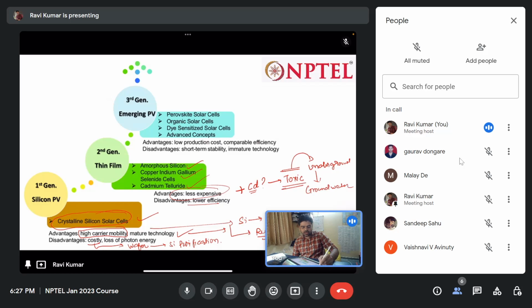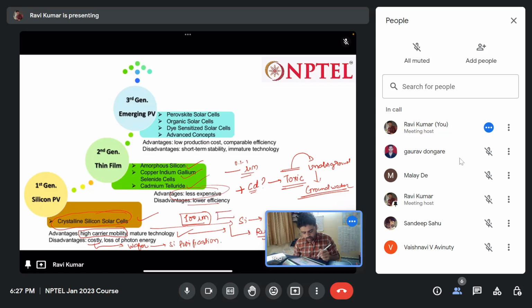And also there are other challenges in recovery of these substances, because it is having only 0.1 to 1 micrometer, and here it is 100 micrometer depth.